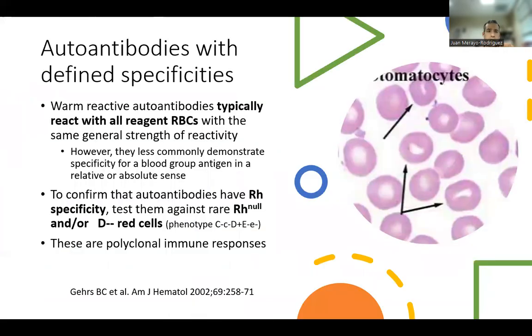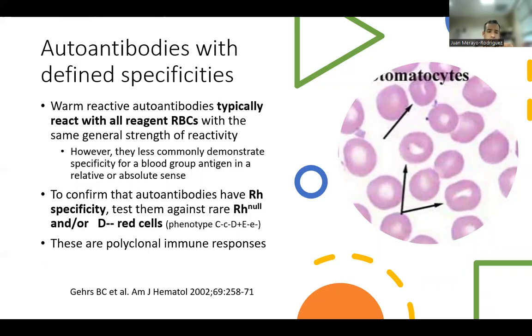Autoantibodies with defined specificities: the warm antibodies typically react with all reagent red blood cells with the same general strength of reactivity. However, they less commonly demonstrate some specificity for a blood group antigen in a relative or absolute sense. To confirm the autoantibodies have an RH specificity, some of the options may be testing them with rare RH null or D-minus red cells.